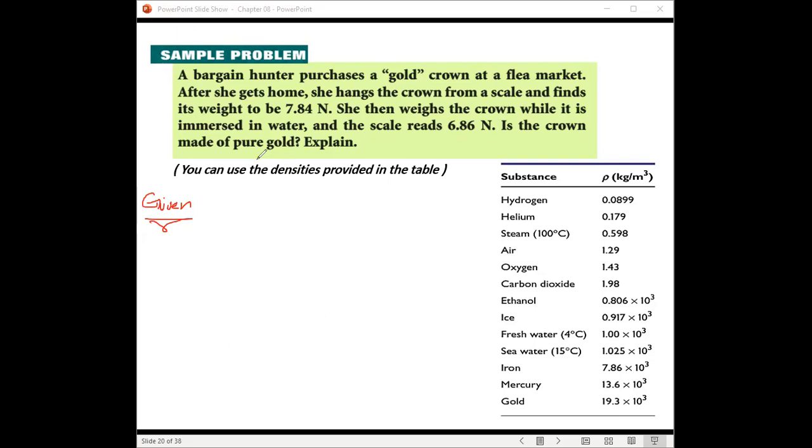Is there anyone who told you that her home is under the surface of the ocean? It's in air. She hangs the crown from a scale and finds its weight. So this is the weight in air. Okay, so this is the FG O.